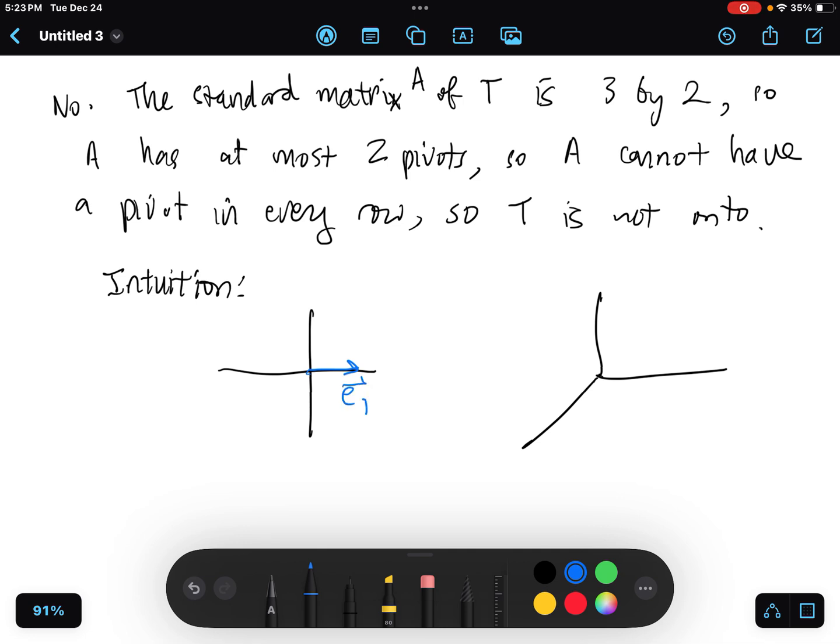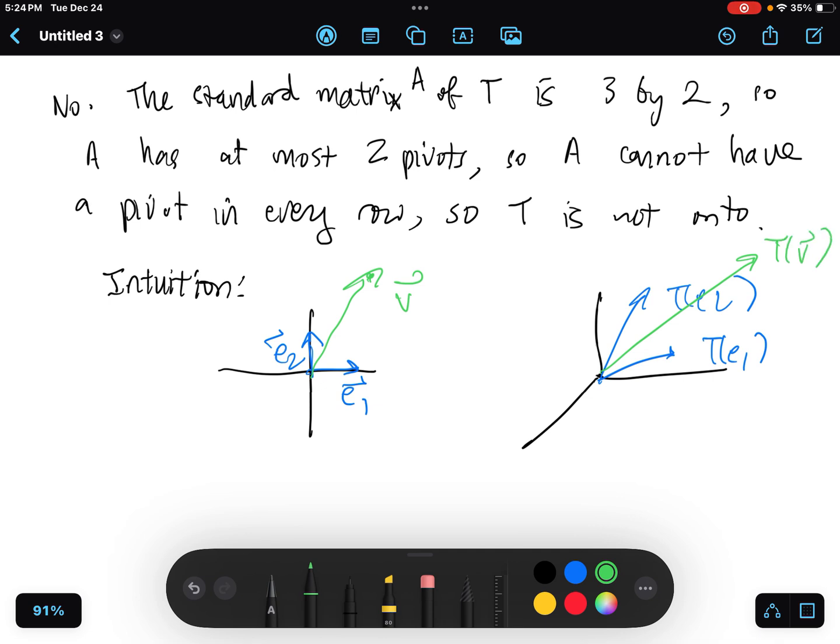T is determined by where it sends e1 and e2. So T of e1 is going to be some vector like this, and T of e2 is going to be some vector like this. Every vector in R2 is a linear combination of e1 and e2, and it will go to the corresponding linear combination of T of e1 and T of e2. So if this vector is v, this vector is going to be T of v.